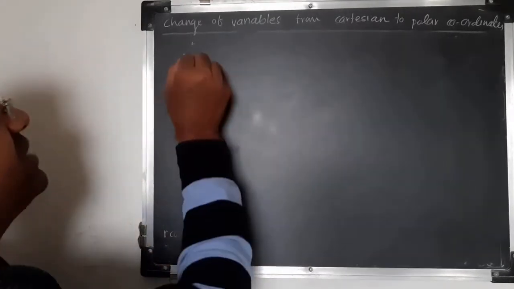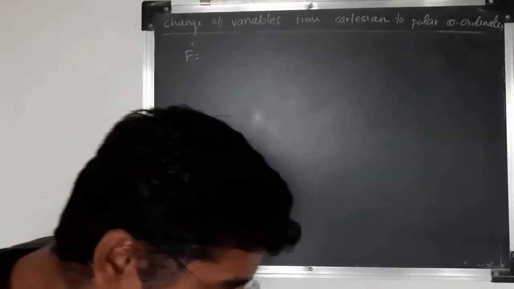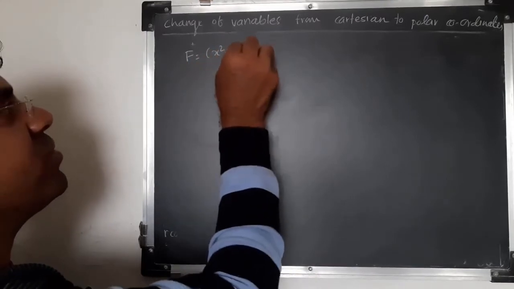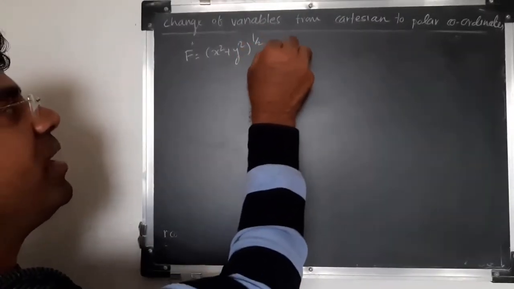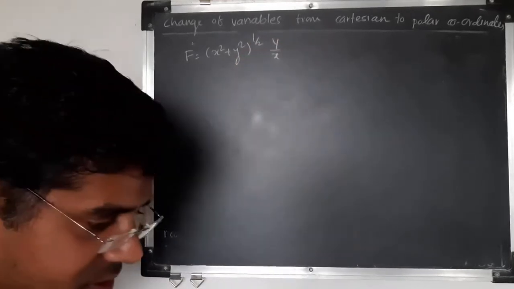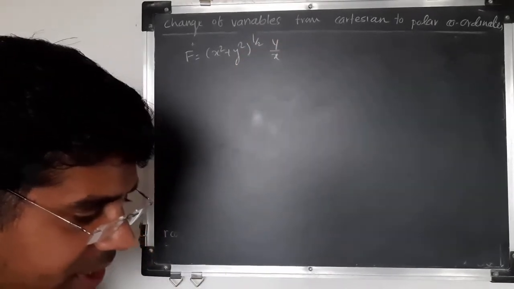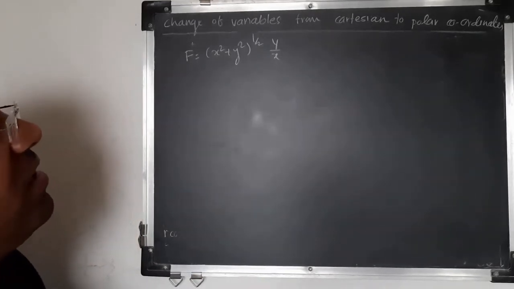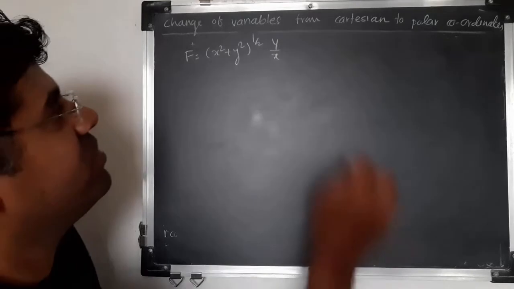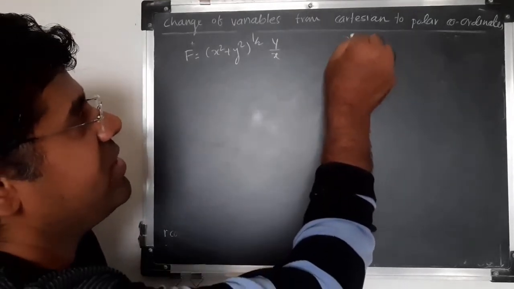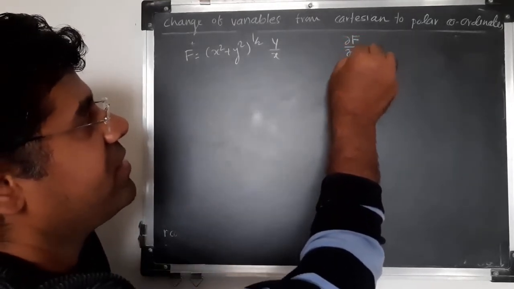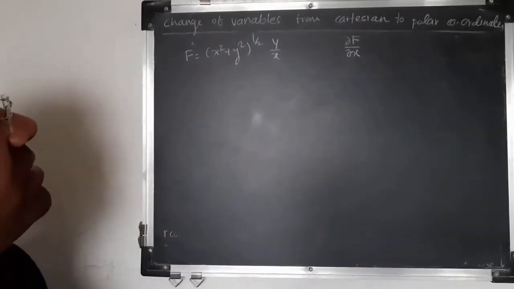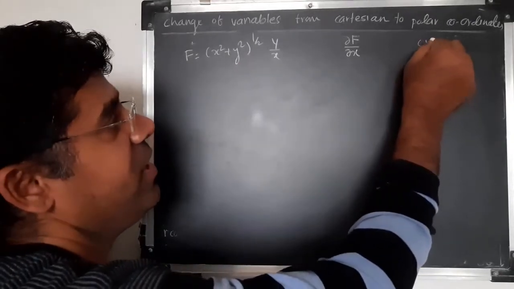If f is (x² + y²)^(1/2) times (y/x), obtain ∂f/∂x directly, or by change of variable with r and θ. So your aim is to obtain ∂f/∂x, where f is given as this particular function, using the variables r and θ.